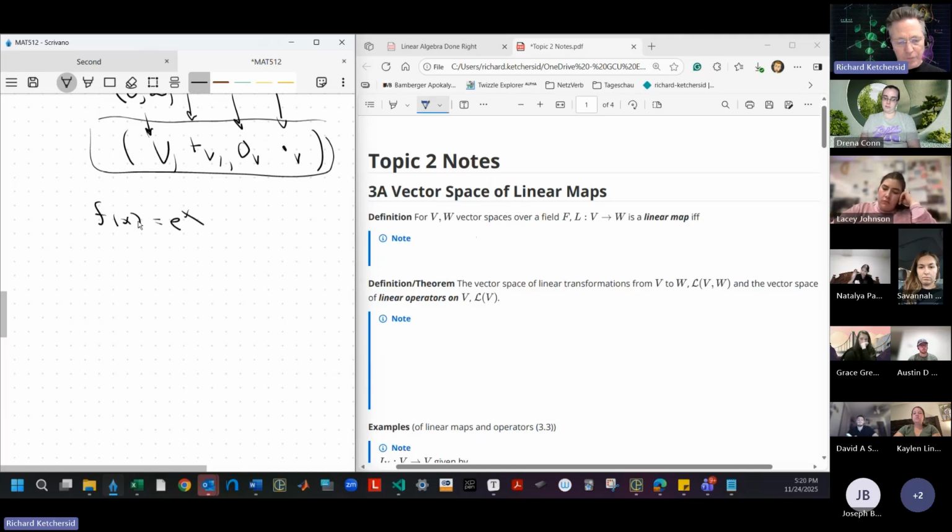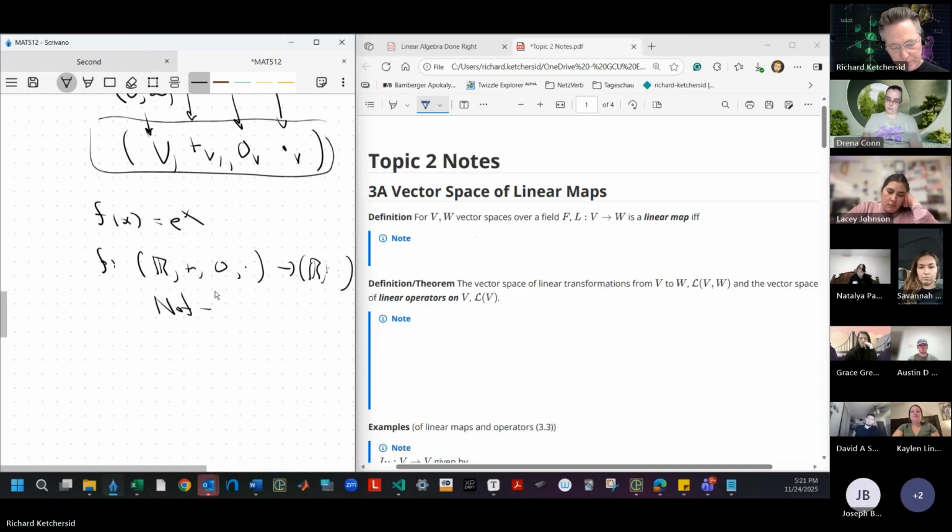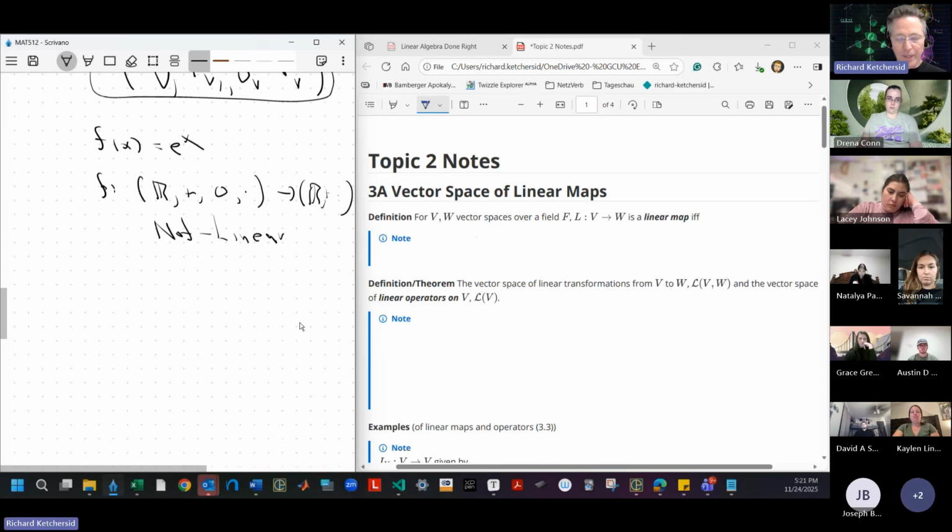If I view this f as a function from R to R, where both of these are vector spaces over the usual vector space with plus, to make it clear, if I view it as a function from R plus, 0, and then the usual scalar multiplication, to the same structure, then it is not linear. We saw that way at the start.